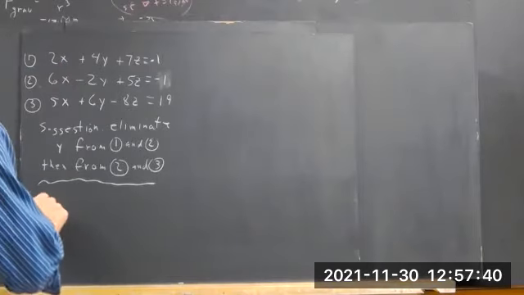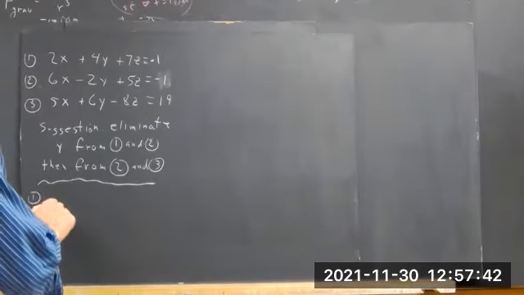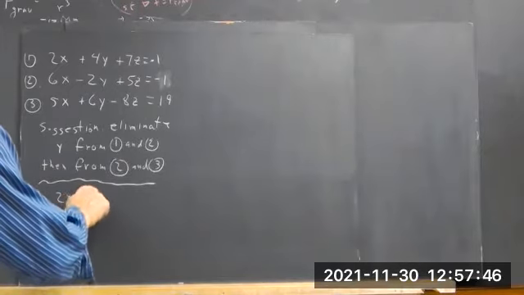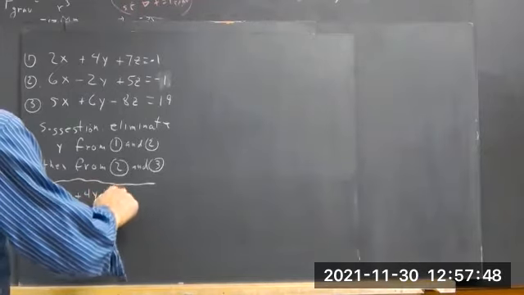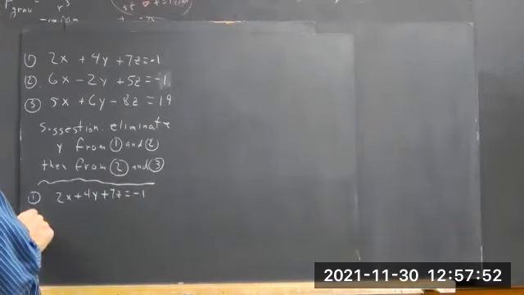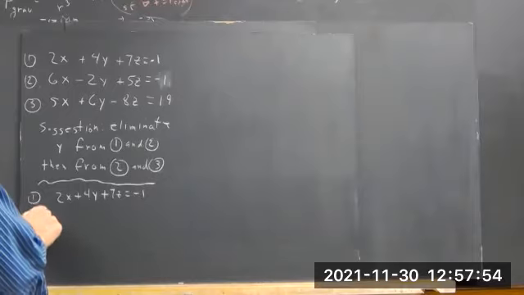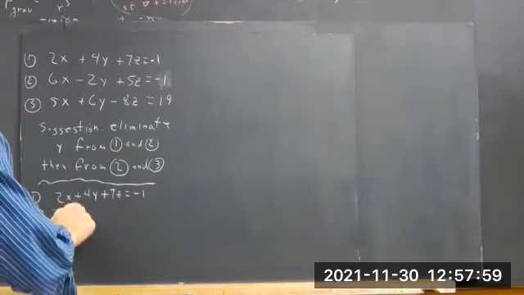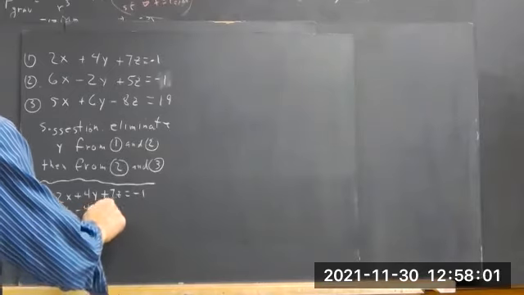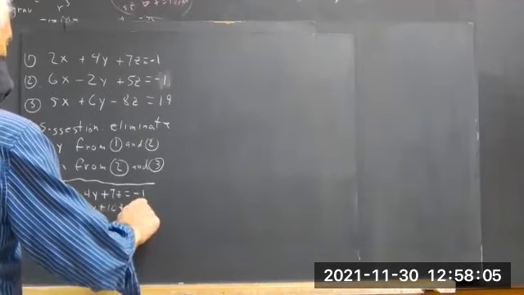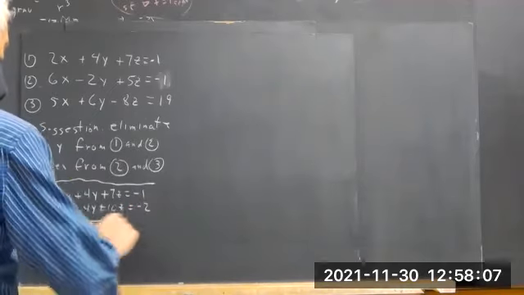So equation 1 stays the same, and 2 times the second equation becomes 12x minus 4y plus 10z equals -2.